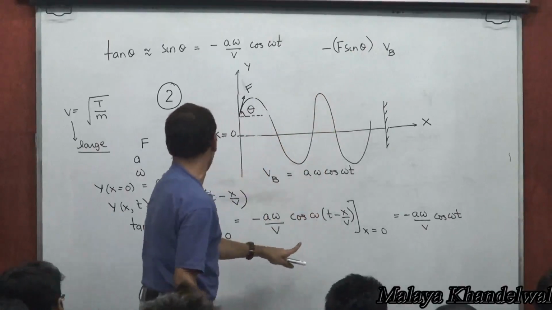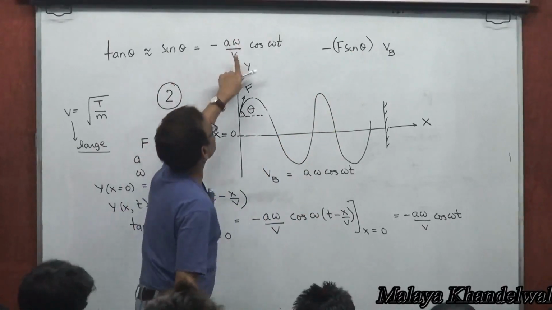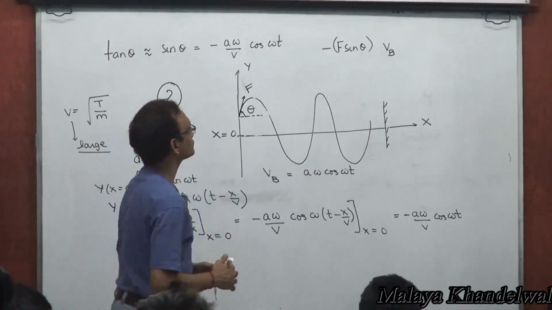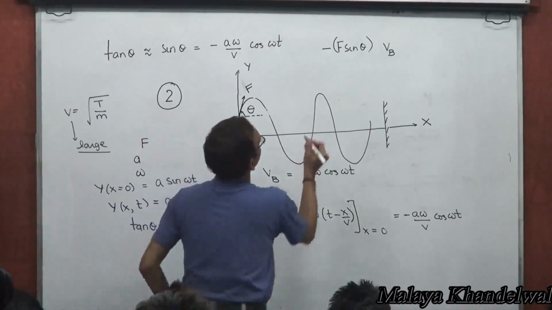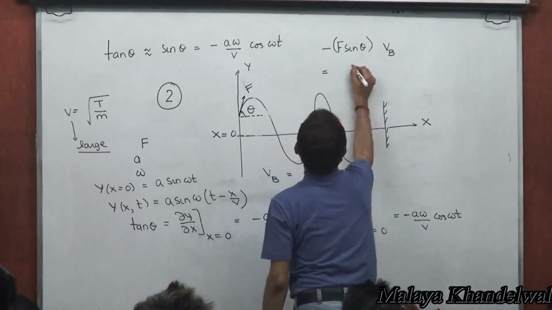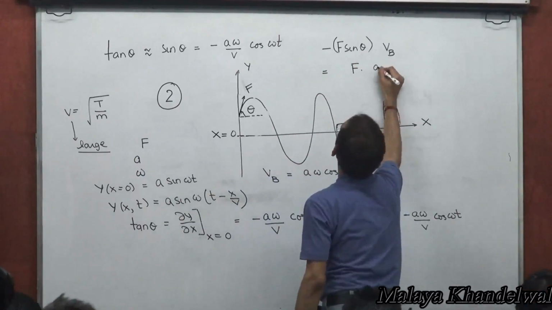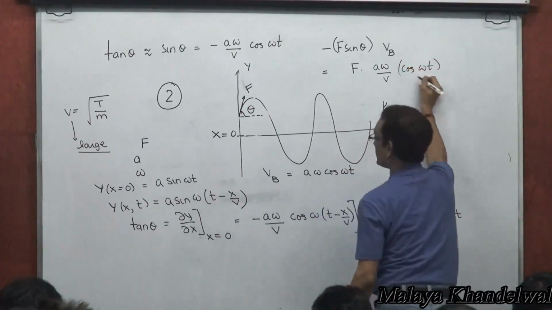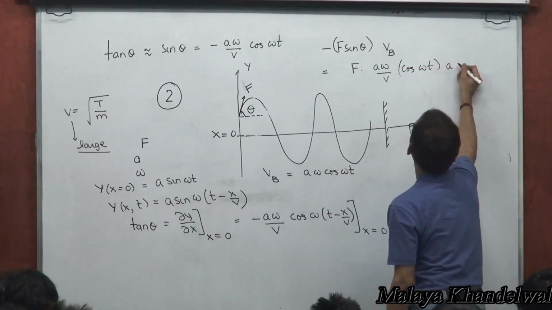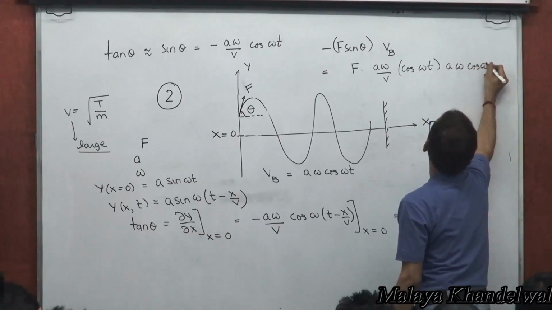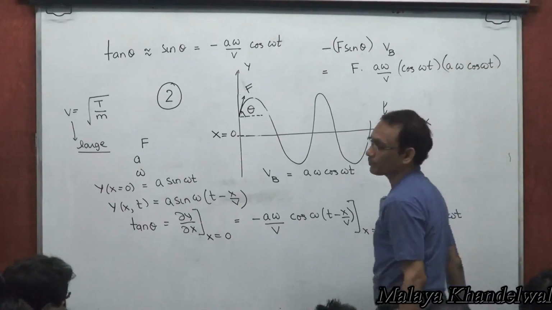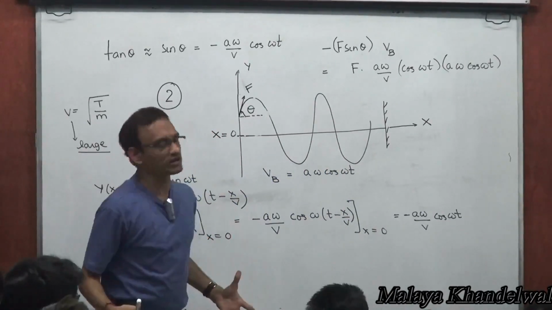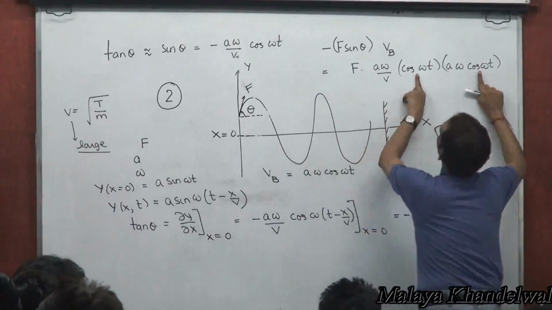Where sine theta you can replace by minus a omega by v cos omega t, right? So this I can write as F times a omega by v cos omega t, and Vb is a omega cos omega t. Now, obviously the maximum power would be when cos omega t is 1.